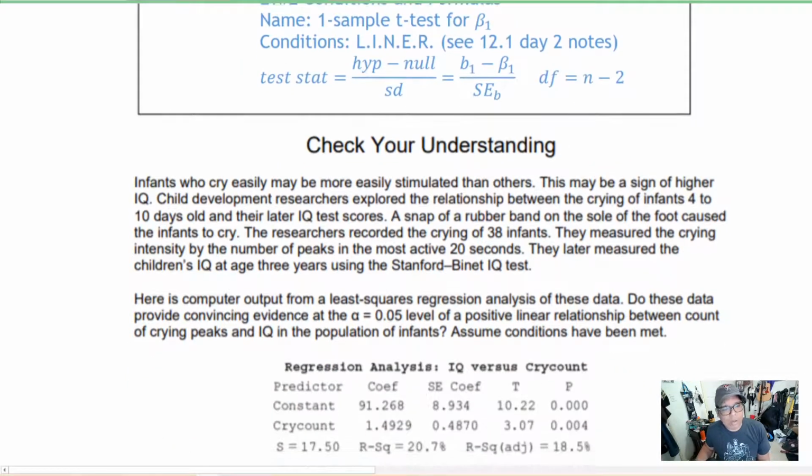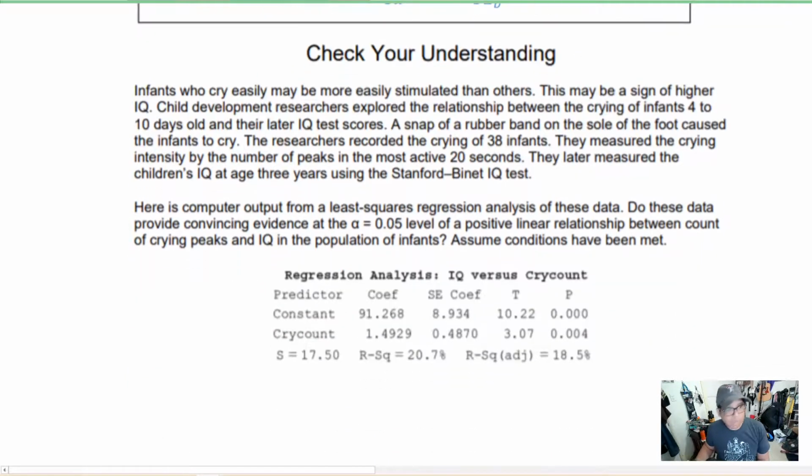Okay, let's check our understanding here. We've got infants who cry more easily, may be more easily stimulated than others. This may be a sign of higher IQ. Ooh, infants who cry more easily may have higher IQ. Interesting. Child development researchers explored the relationship between crying infants 4 to 10 days old and their later IQ scores.